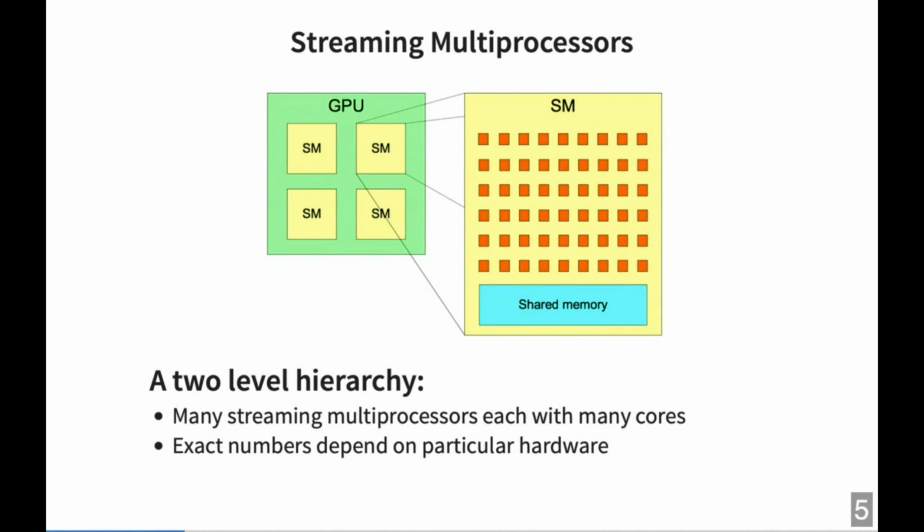Okay, so here's this hardware picture again. Schematically, we have a picture where we have these streaming multiprocessors with lots of cores and potentially some memory associated with the particular streaming multiprocessor, and we're going to throw lots of these things together to make up a GPU.